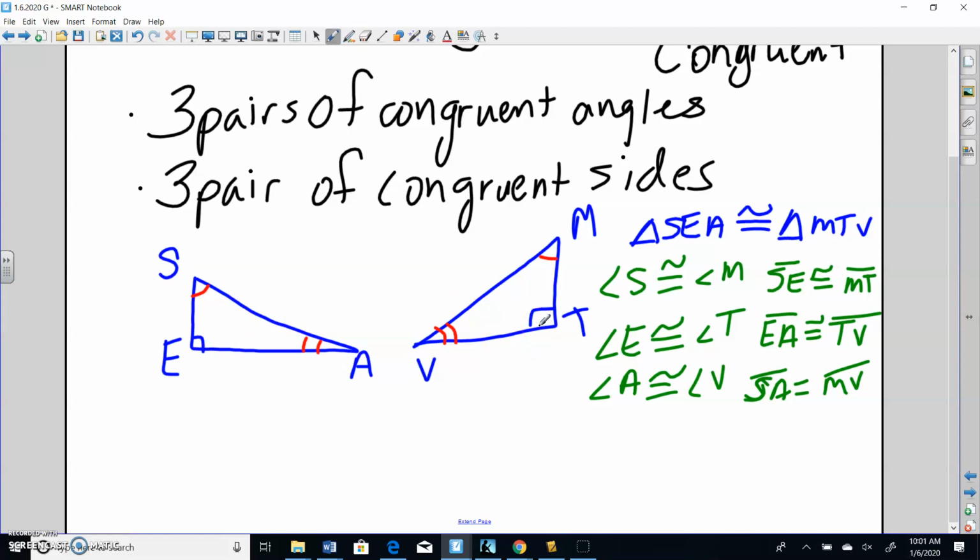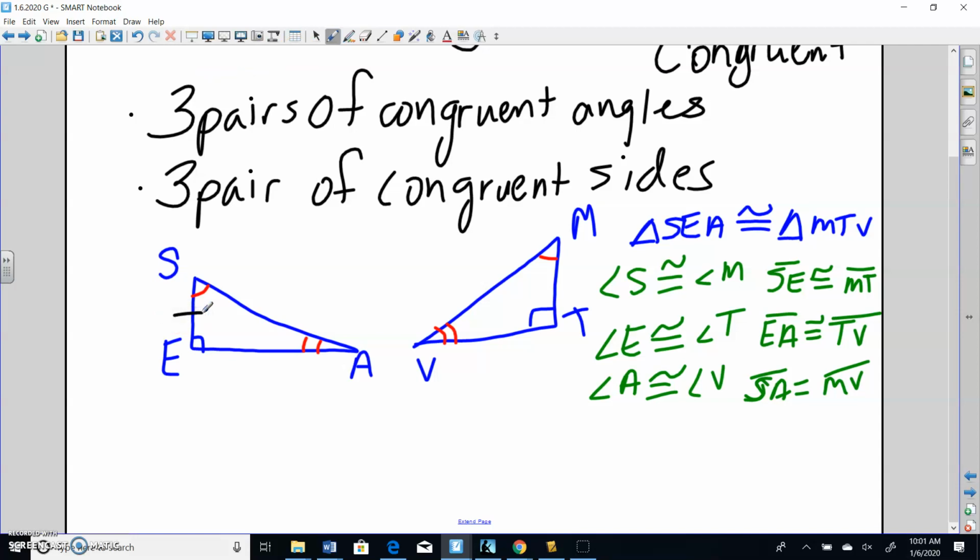Now, with sides, I can't remember if we've done this either, but we aren't going to use arcs. We're going to just use a little dash or slash. So side SE, what color do we want to go there? Let's go black. Okay, so side SE is right here. I'm going to put 1 dash through that.